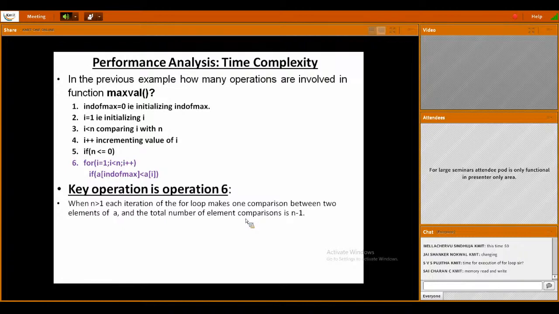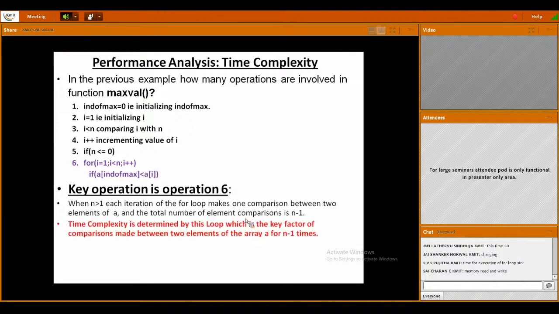And the total number of elements are compared n minus 1 times. The time complexity is determined by the loop, which is the key factor, of the comparisons made between two elements of the array n minus 1 times, right? So we cannot ignore any step. We have to give serious thought and then find out which is the key factor in all the operations which are required to be performed while executing the code.